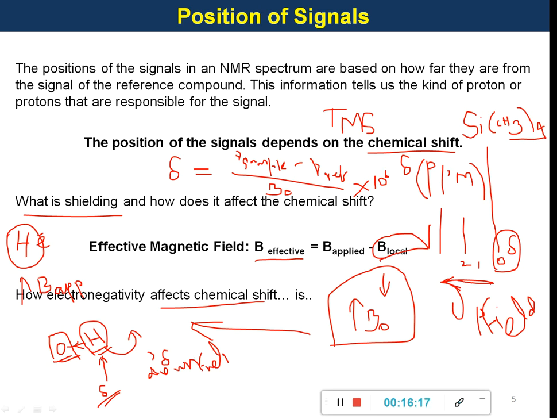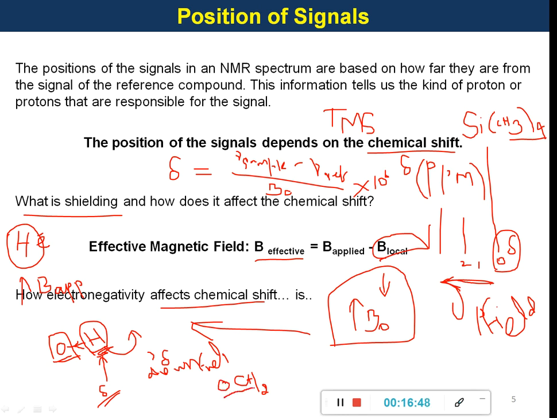So protons that are closer to the electronegative atom are in a less electron dense environment, which means their chemical shift values will be larger. That is why normally CH2, the methylene group, will be observed around 1.1 if it is purely attached to a carbon environment.